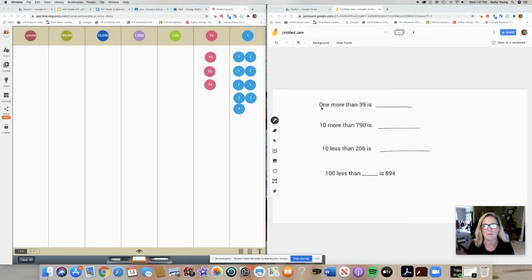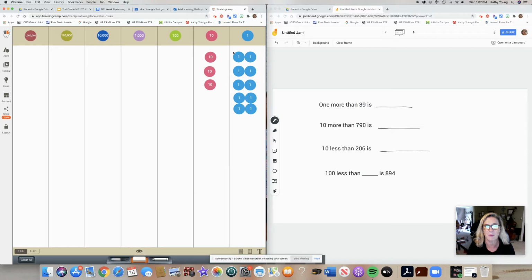So the first one I'm going to do is adding 1 to 39. So right now I have 39 discs here. If I add 1 to that, okay, remember last week we talked about how we can't have 3 tens and 10 ones. We cannot have that.